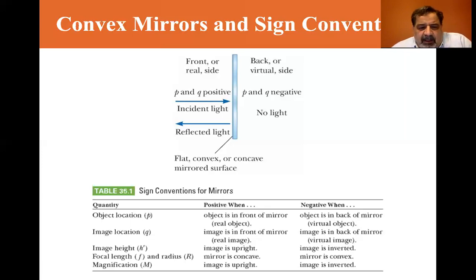The height H prime is negative when the image is inverted, and when the focal length and radius are negative, then the mirror is convex, and the magnification is negative when the image is inverted.